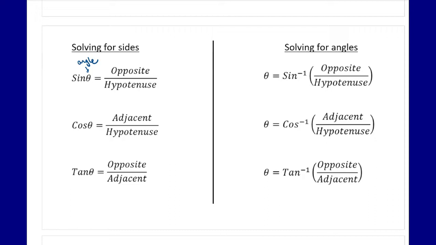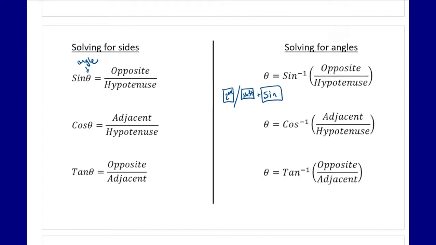Now when we're solving for angles, we do have to do what is called the inverse. So basically it is just saying, for example, sine -1, on your calculator you would just hit second function or shift, depending on your calculator, and then the sine button.